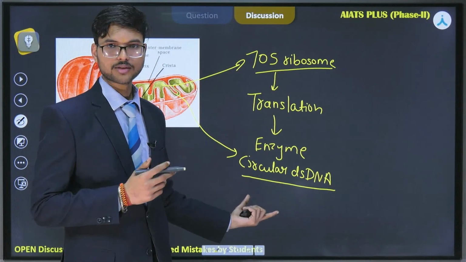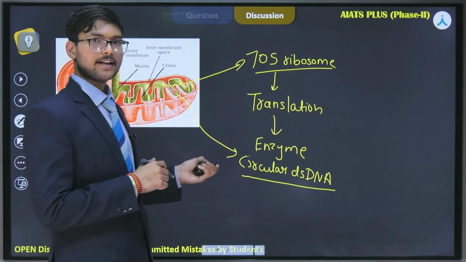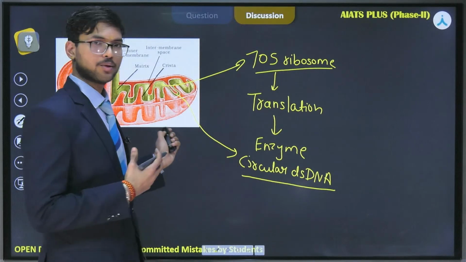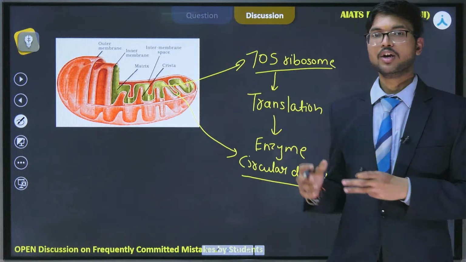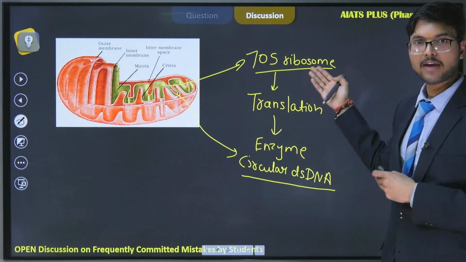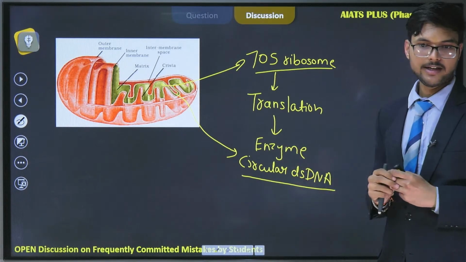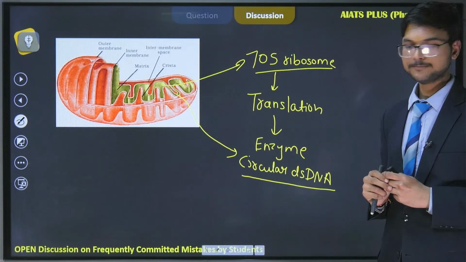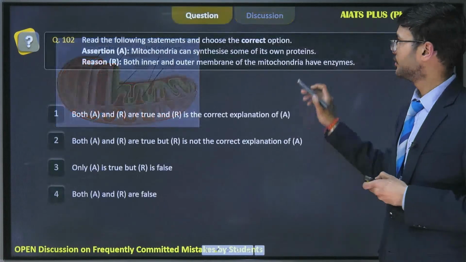Is it correct or not? Right? It's correct. So that's one feature that is very peculiar about mitochondria. Similarly, the other organelle that you see in plants, the chloroplast, has the same property, that is they also have 70S ribosomes and circular double-stranded DNA. So the first statement, that is the assertion, was true here.